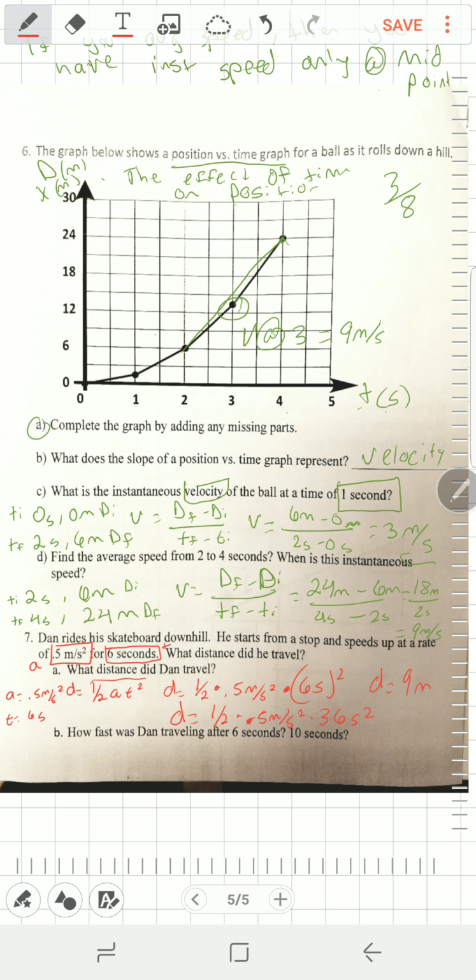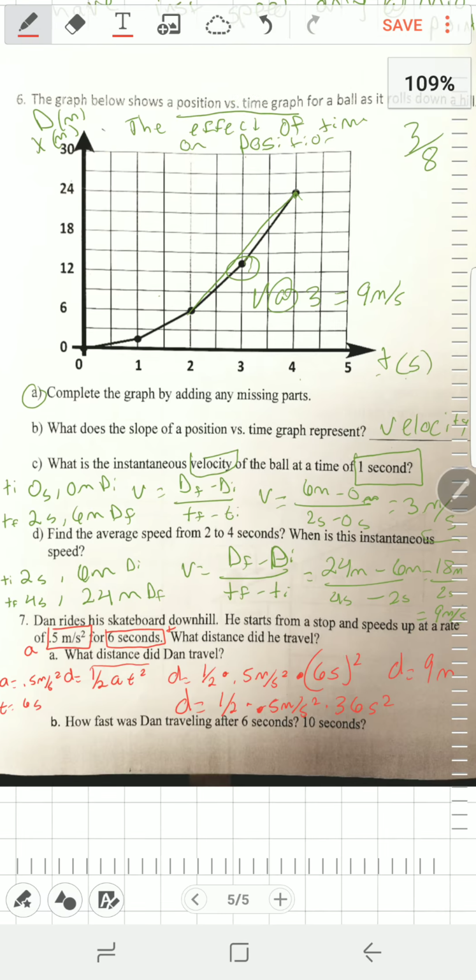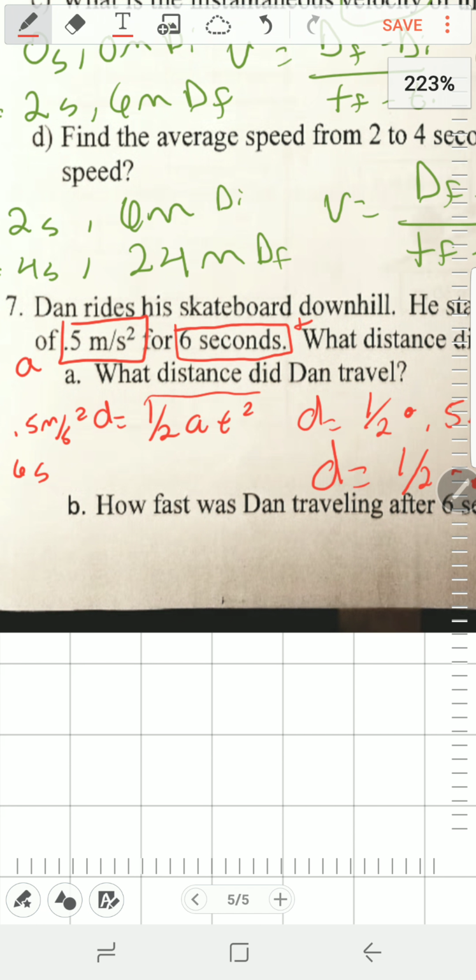Now, how fast was Dan traveling after 6 seconds, and how fast were they traveling at 10 seconds? This is a manipulation of the acceleration equation. So you're asking how fast. So how fast means velocity. You're looking for velocity.